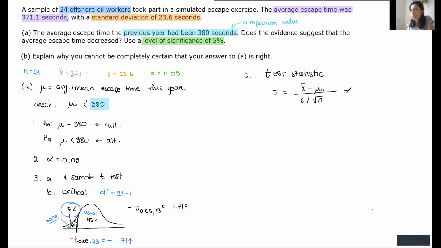If I replace with the values that I know, it's going to be 371.1 minus 380, divided by, not 24 yet, divided by 23.6 over square root of 24.